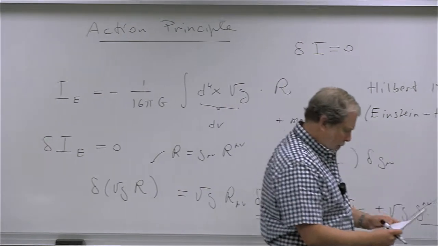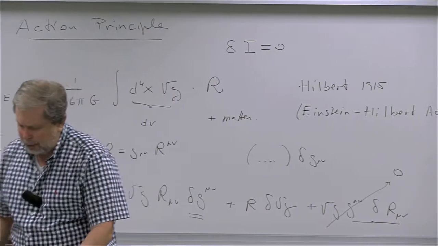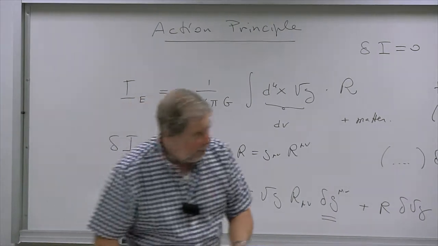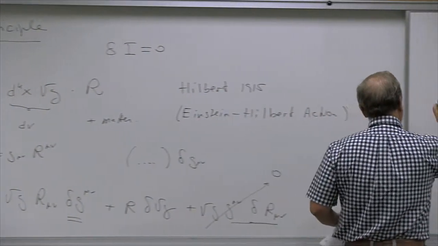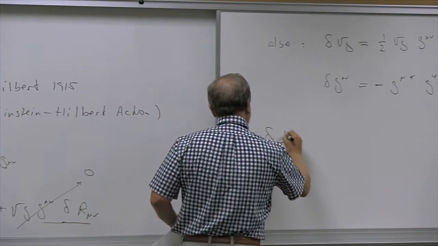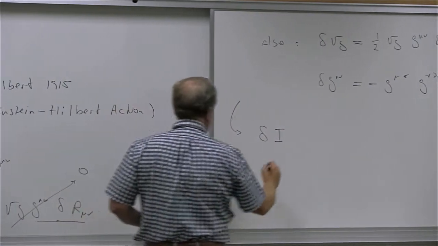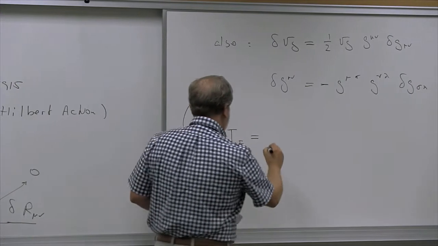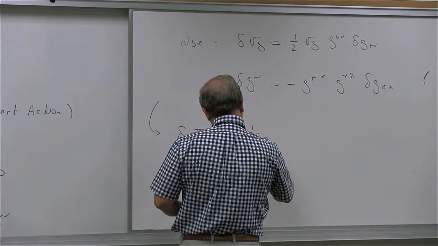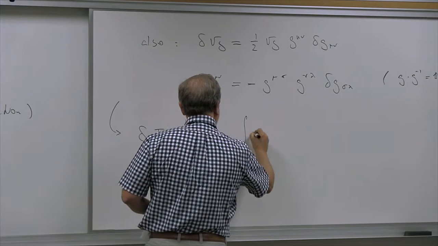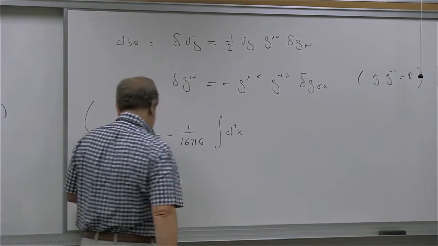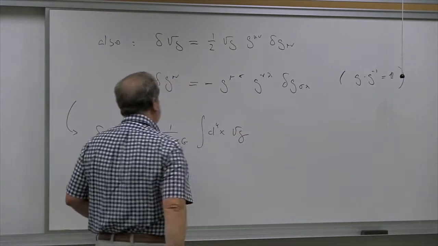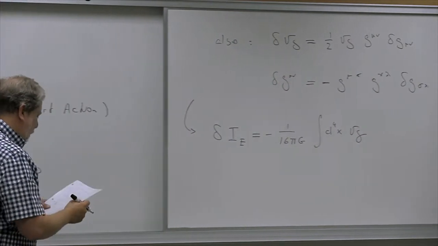Okay, so we put everything together, and we find that the variation of the Einstein action is equal to, first of all, the minus 1 over 16 pi G in front. Then we have the integrand d4x. And then we have the root g, which you can factor out, because it appears in all of these expressions.